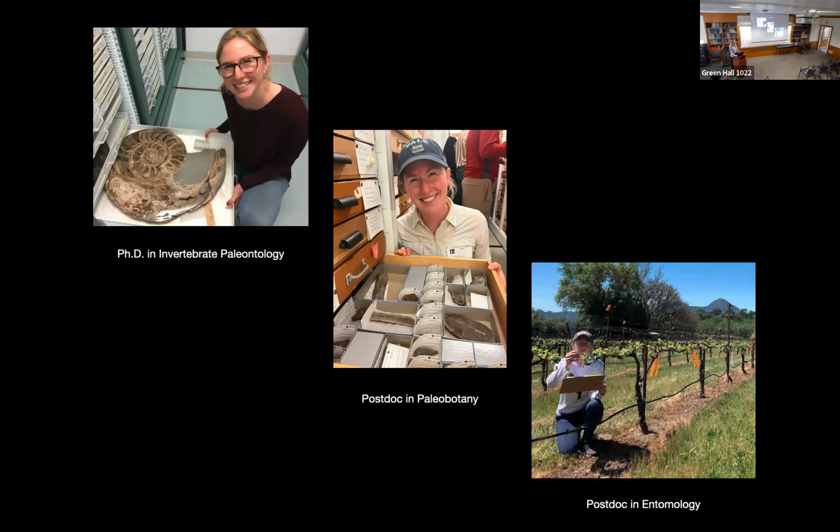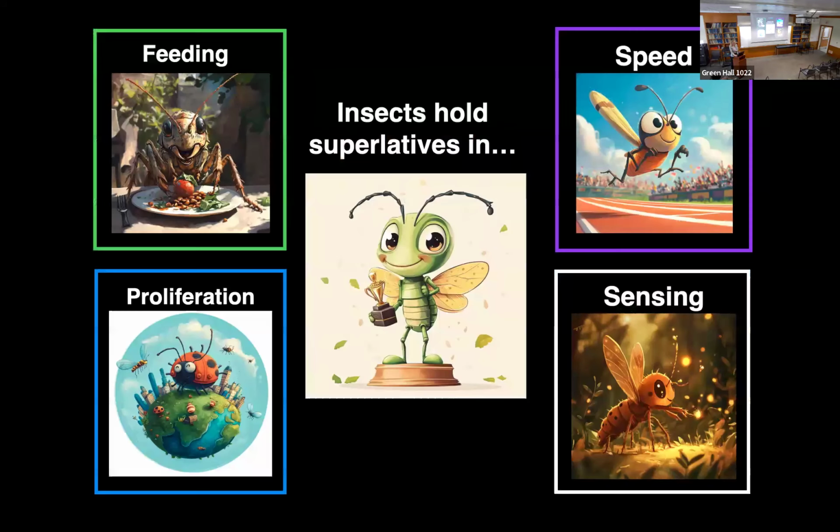And most recently, I did a postdoc with Rodrigo Almeida, if some of you know him, at UC Berkeley, where I started becoming really obsessed with insects. In terms of interesting structure and function, I think this group really takes the cake. Because they do so many amazing things, better than all other animals put together. I hope that's not too controversial. They can eat more than anybody else.